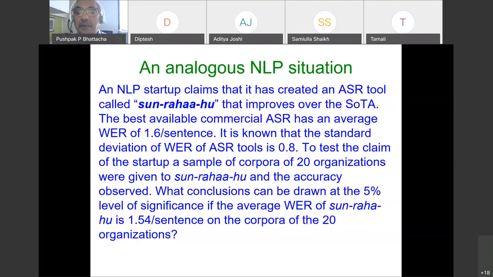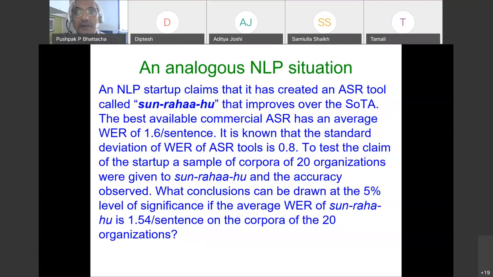The best available commercial ASR has an average word error rate of 1.6 per sentence. I deliberately kept the number same as the nicotine problem. The word error rate is 1.6 per sentence, and it is known that the standard deviation of word error rate of ASR tools is 0.8.